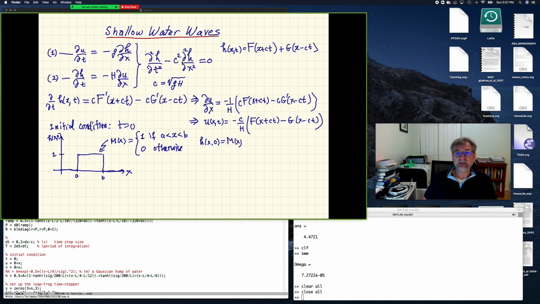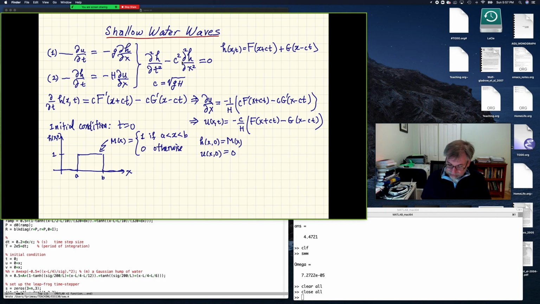And we also need an initial condition for the velocity, and for that we're just going to assume that the fluid is at rest. So u of x and 0 is equal to 0. So it's as if we have a dam, two walls holding the water in place, and then at t equals 0 we remove the dam, and the water is allowed to flow out.